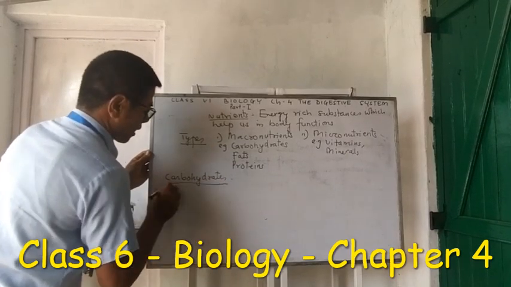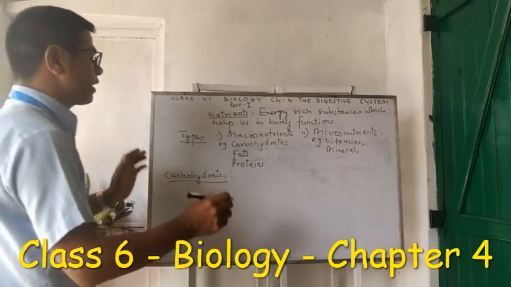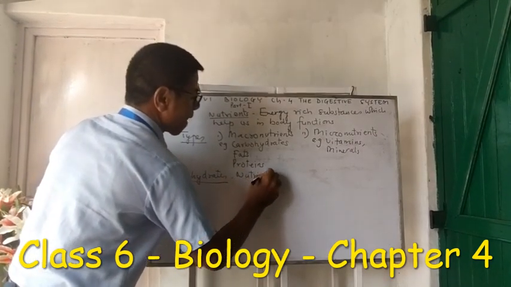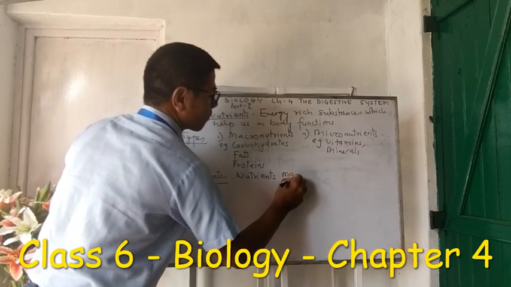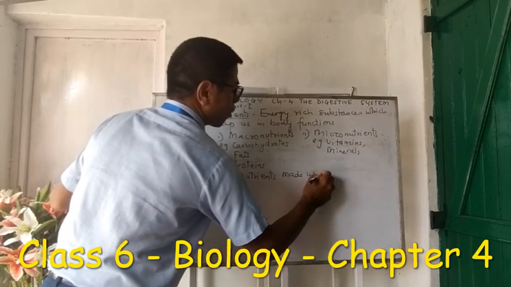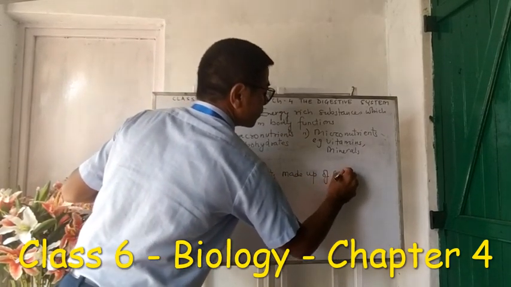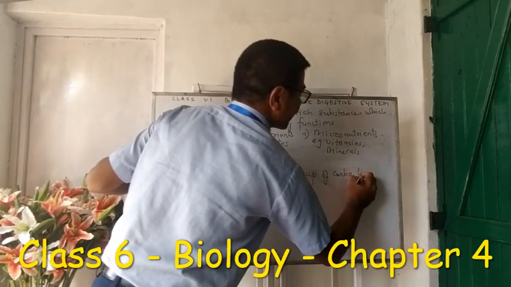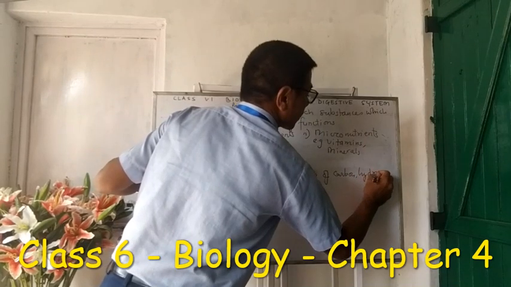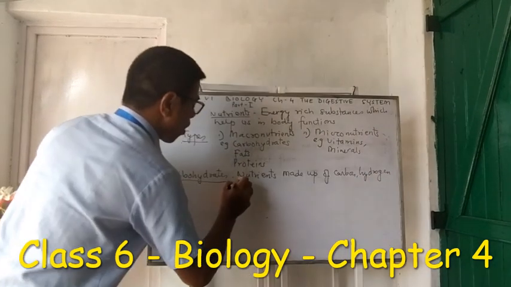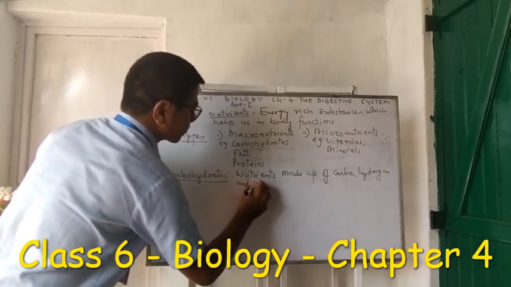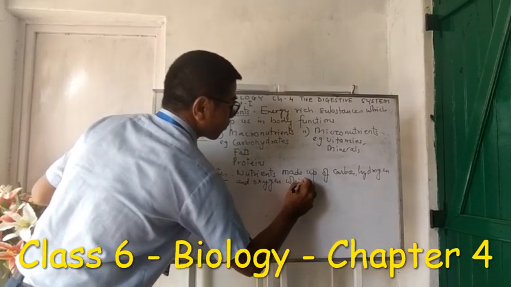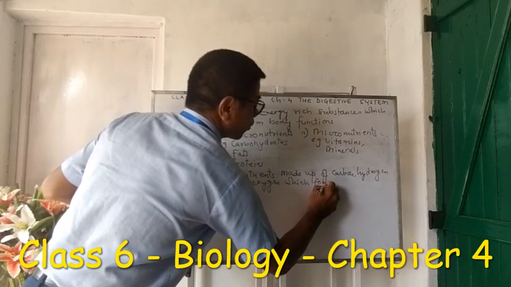Now, carbohydrates. What is carbohydrates? Nutrients made up of carbon, hydrogen, and oxygen, which form glucose.